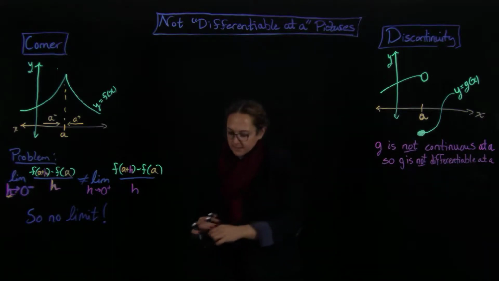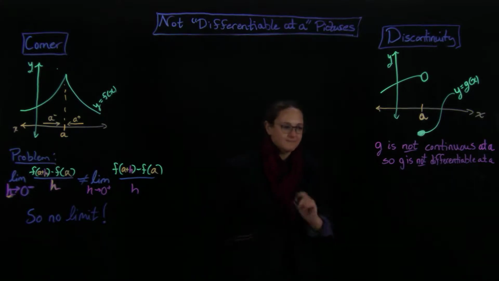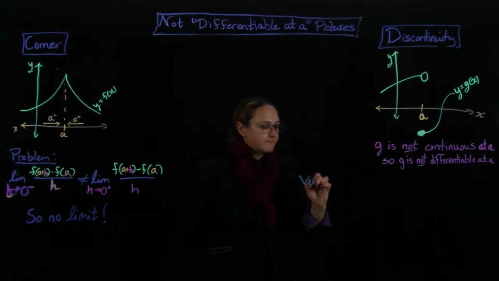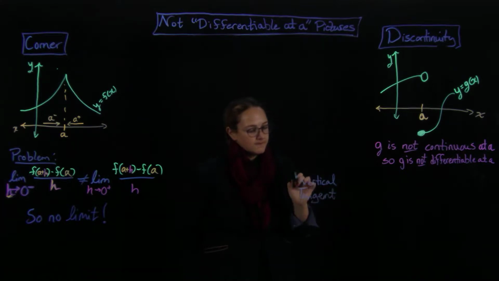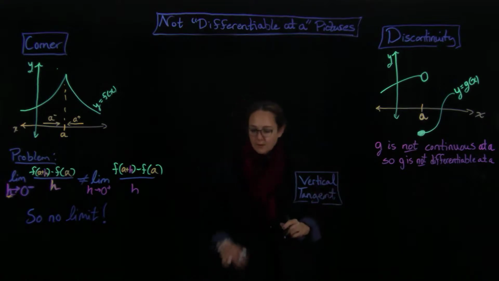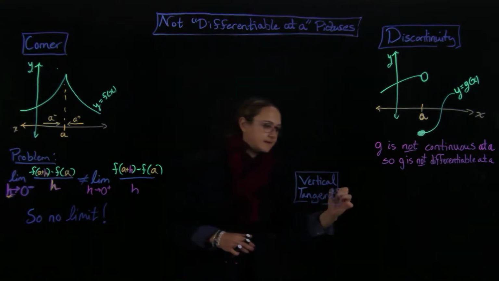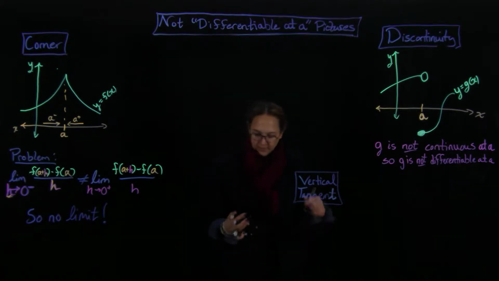And then the last one is a vertical tangent. So now we're going to look at a vertical tangent. For this one, let's look at a picture.